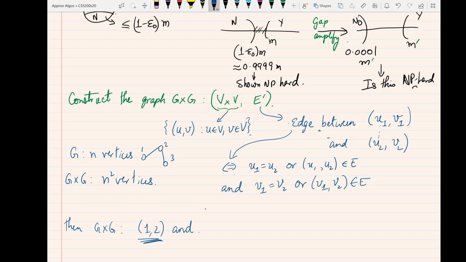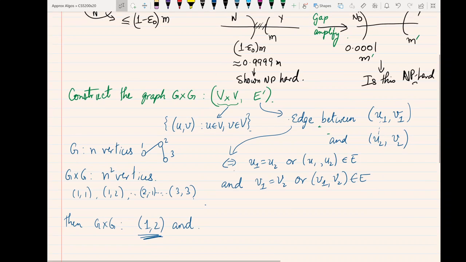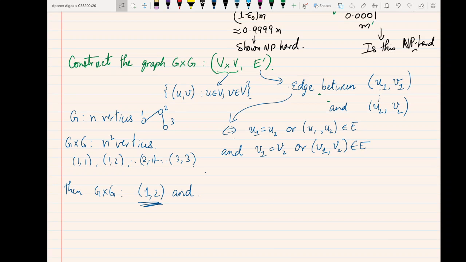Then G cross G has 9 vertices, each corresponding to 1, 1, 1, 2, and so on, all the way until 3, 3. So all of these 9 vertices are there, and for instance, there will be an edge between 1, 2 and 2, 3. Okay, and so on and so forth. So there will be an edge between 2, 3 and 1, 2 also.